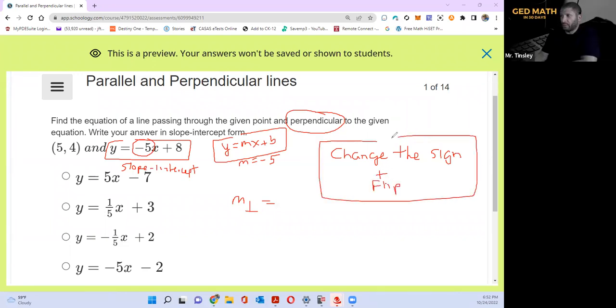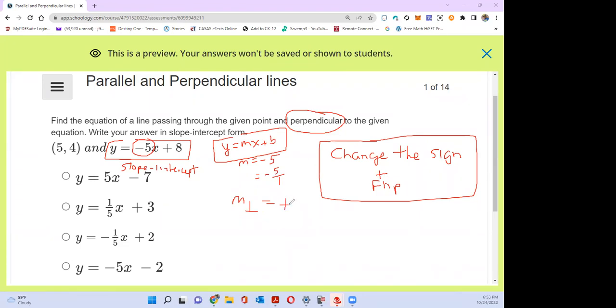So what I want you doing every time you do a problem that asks for the equation of a perpendicular line, you want to find the slope of the line they give you first. So we found the slope of the line they gave us, which was -5. Now we want to find the slope of the perpendicular. So the slope of -5 is the same as -5/1. Does everybody understand that? Yes. Okay, so instead of negative, I'm gonna change it to what?